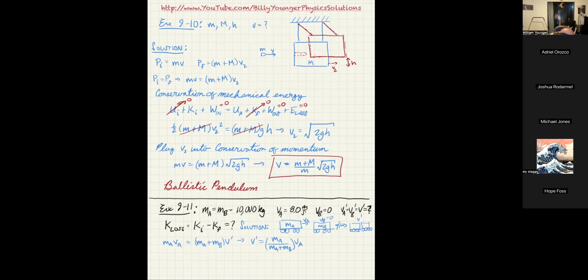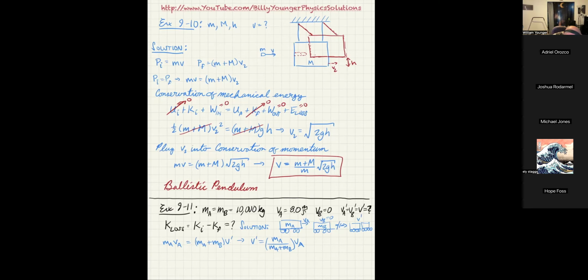So that's the final velocity for any generic system where the target particle is sitting still and could have any mass. So I'm working it most generally, and then we can get exactly the right results for the train car just by plugging in the values of MA, MB, and VA. Obviously, V prime in this case is going to be 4, because you get 10,000 over 20,000, which is 1/2 times VA, which is 8 meters per second, and half of 8 meters per second is 4 meters per second.